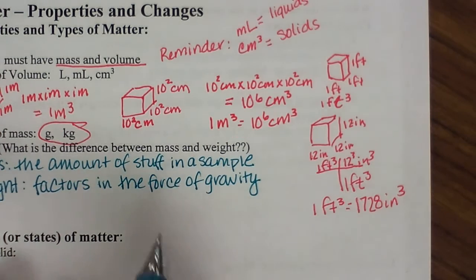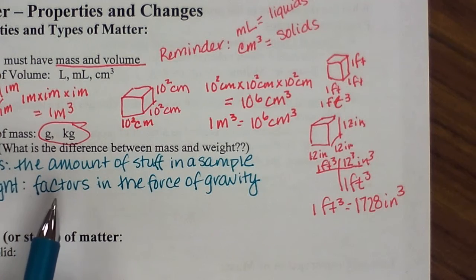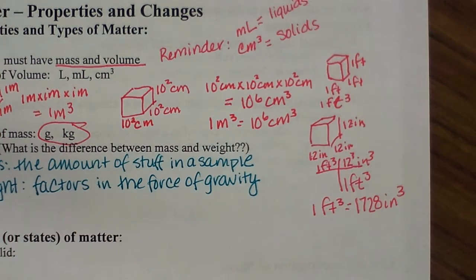So when we take into account the force that's pulling our bodies down to the Earth versus the force that's pulling our stuff down to the moon, the force pulling down on the moon is 1/6 of the force pulling our bodies down to the Earth.